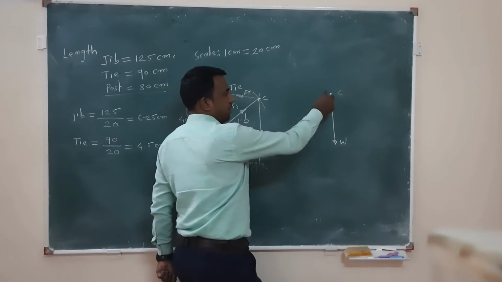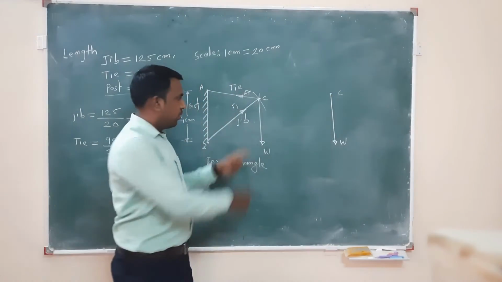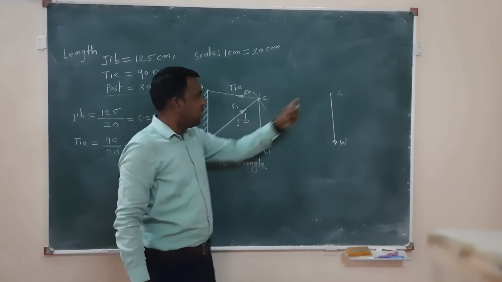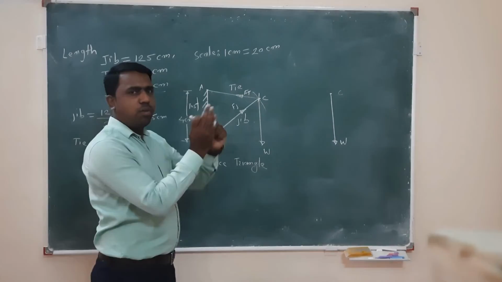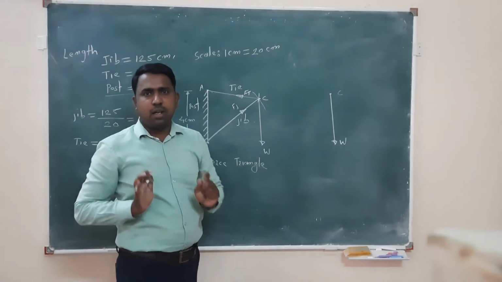This line and this line are parallel. So these two lines should be parallel. ये लाइन और ये लाइन parallel होना चाहिए because load is acting in the downward side. तो उसको कहा कि कौन से भी एंगल में निकालना नहीं है, उसको सीधा नीचे निकालना है, right?